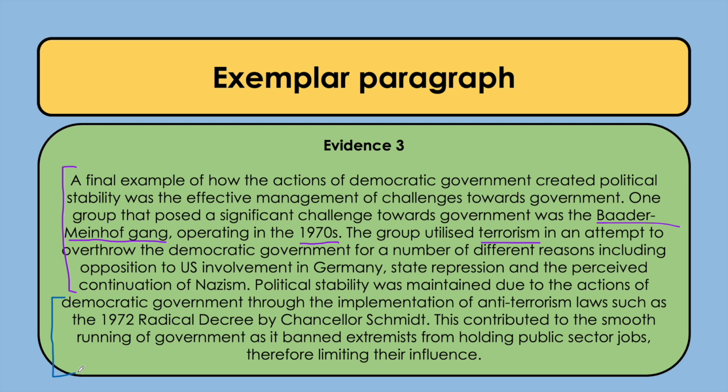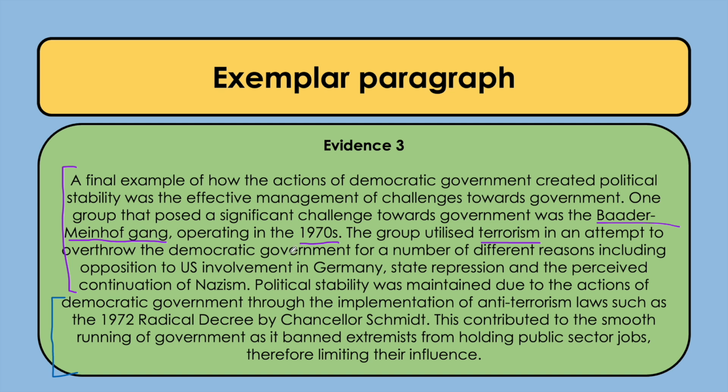And then again, our explanation as to how that particular piece of evidence meets the requirements of the question, how it supports our argument, is given in the second part. So we've made reference to the 1972 radical decree that was introduced by Chancellor Schmidt, which banned extremists from holding public sector jobs and limiting their influence.